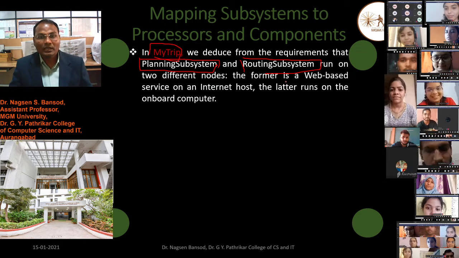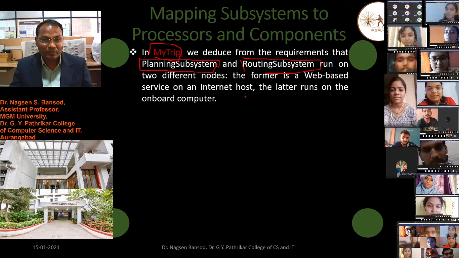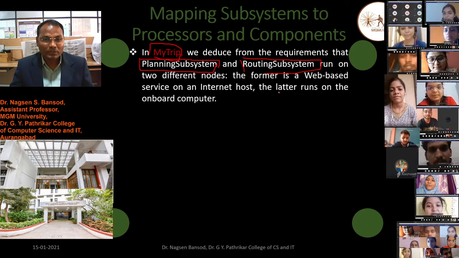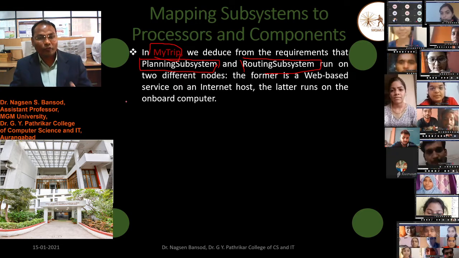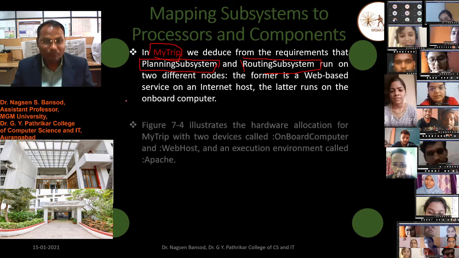The former is based on services of an internet host. The latter runs on the onboard computer. First, this will run on the web browsers, and after that on the host computer.